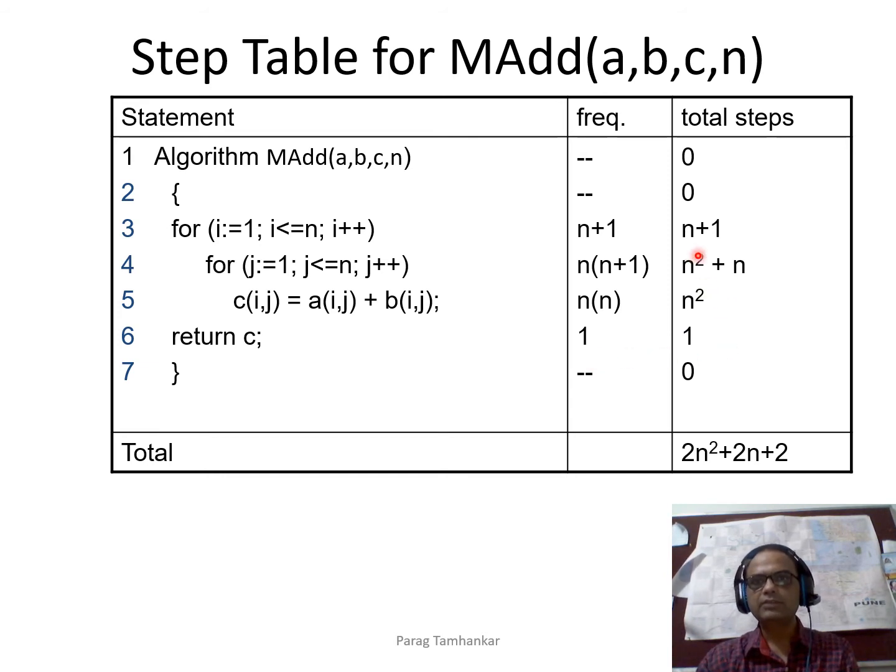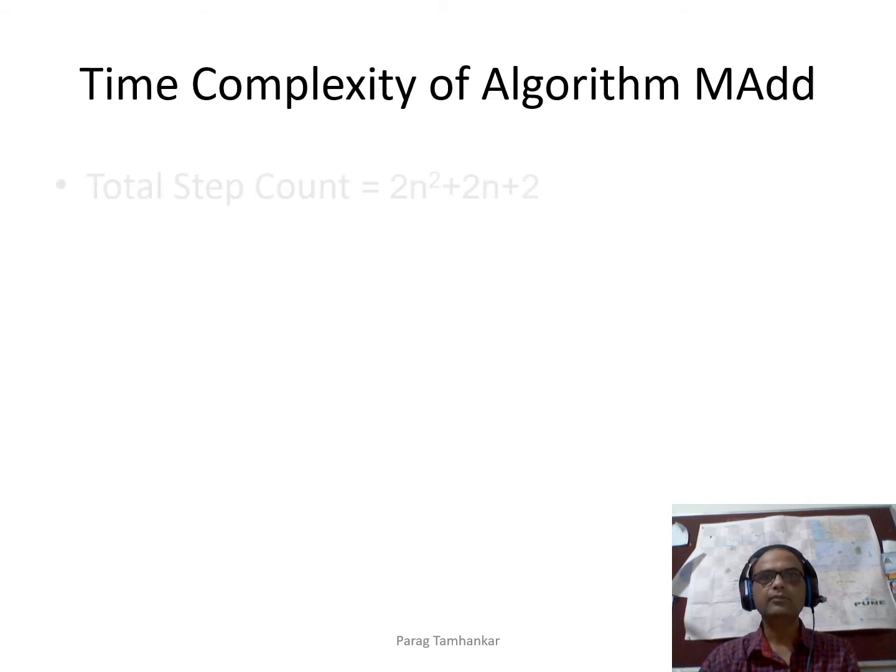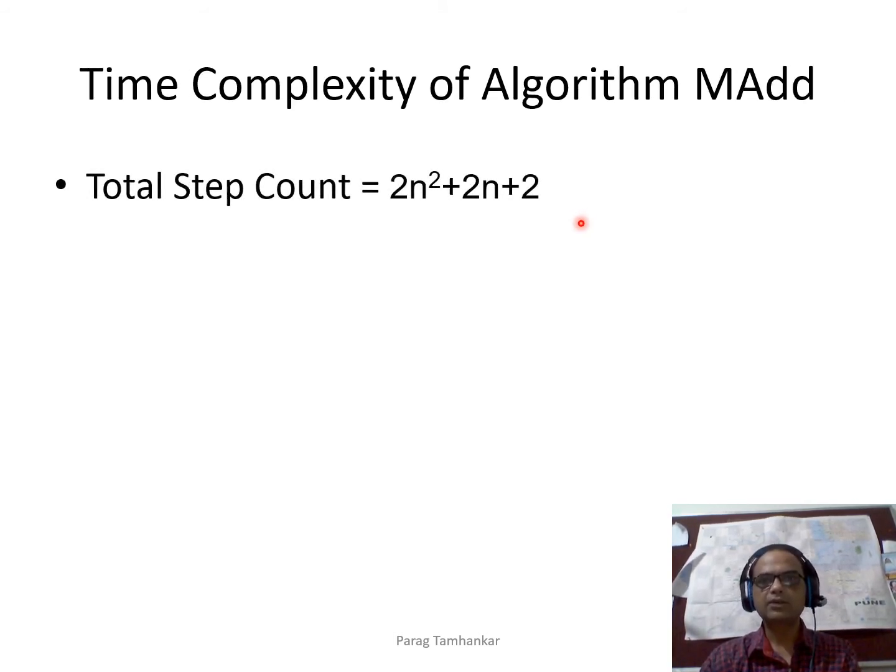So n plus 1, n square plus n, n square and 1. When you add all these values together, you get 2n square plus 2n plus 2. So the total step count is 2n square plus 2n plus 2.